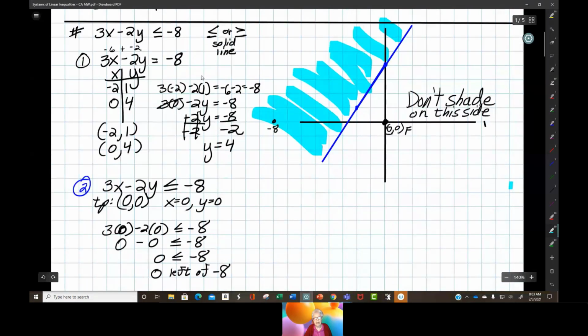But we still had part 1, find the points, graph the line, and part 2 is shade on one side or the other. And now we have always shade on the true side, because you're guaranteed if this side gives you a false anywhere over here, then this side will give you a true everywhere over here.